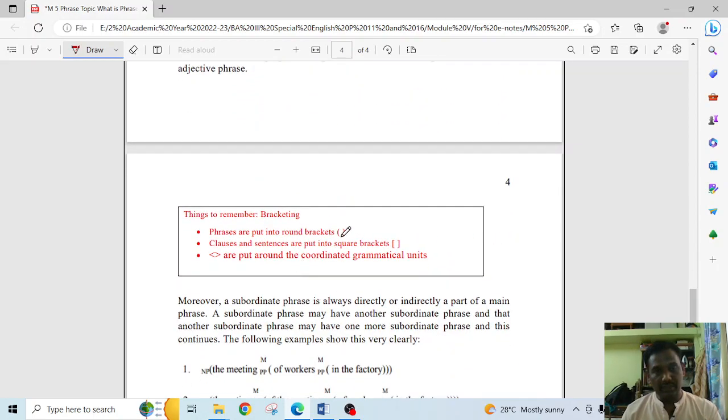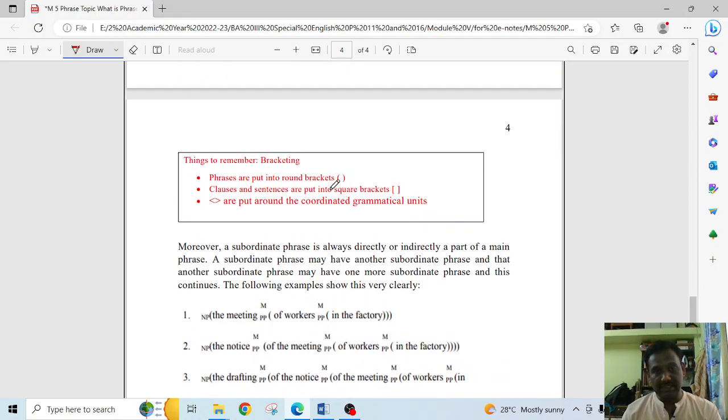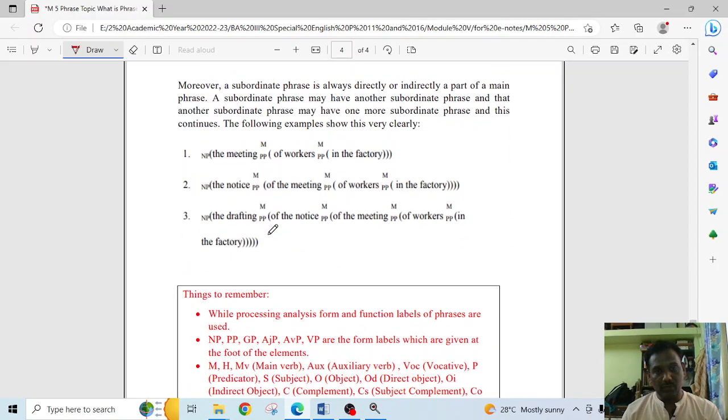Now, three things you have to remember: phrases are put into round brackets, clauses and sentences are put into square brackets, and for grammatical unit this mark is used. One more thing, there can be many subordinate phrases. See, for example, the drafting of the notice of meeting of workers in the factory, in which the noun phrase, which is the main phrase, begins with the drafting and ends with the factory.